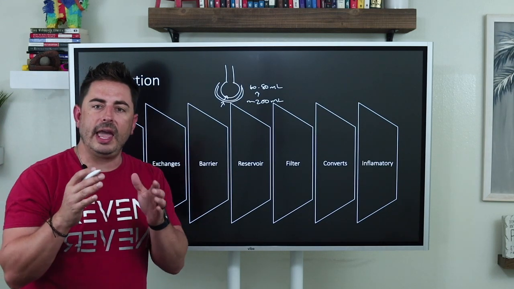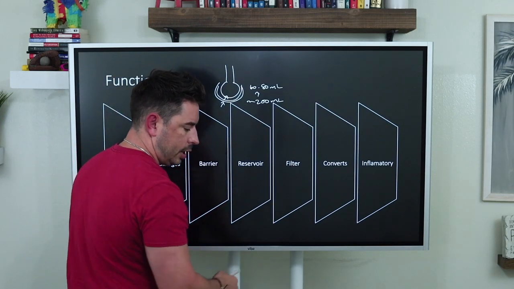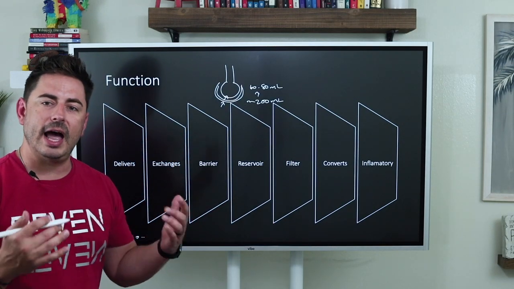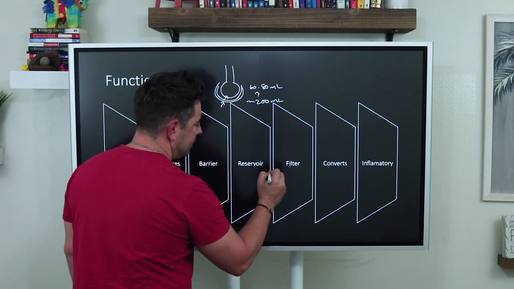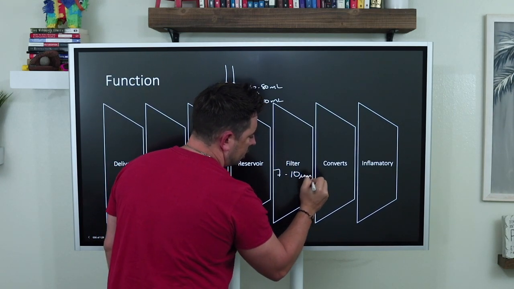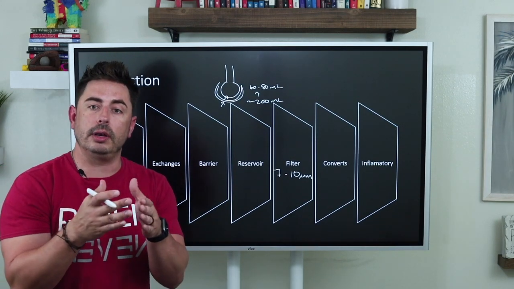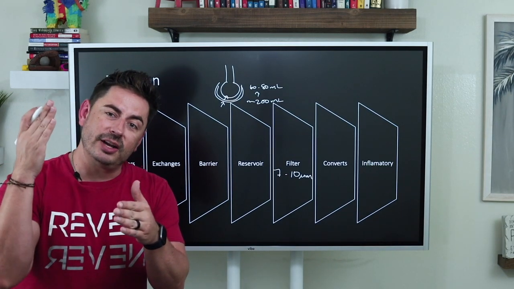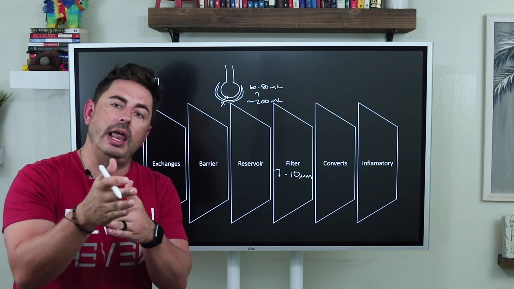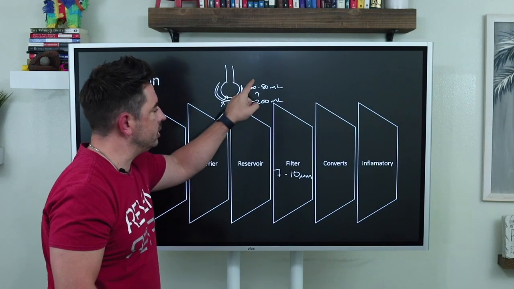Now, it can be used as a filter as well. When we look at filtration, the pulmonary capillaries are 7 to 10 micrometers. Those are teeny tiny, they're microscopic. Hemoglobin and red blood cells have to get in a single file line to get from one side of the pulmonary capillary to the other.